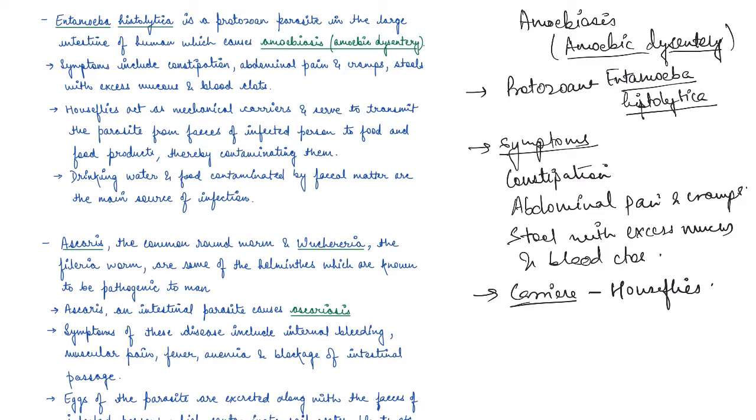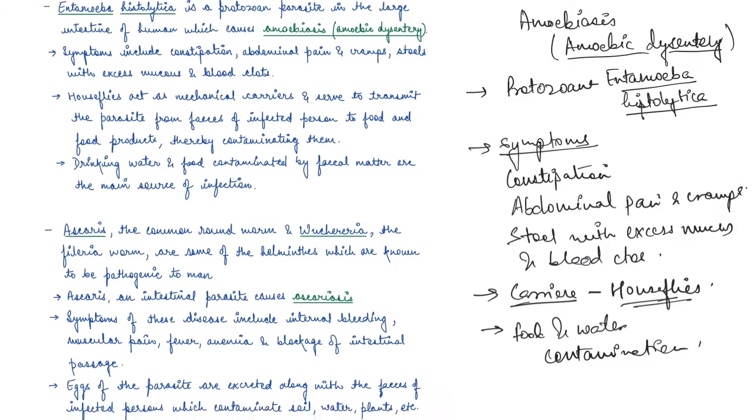Now, drinking water and food contamination by fecal matter are the main source of infection. So here the housefly is the carrier and it causes food and water contamination, right? So this is all about amoebiasis.